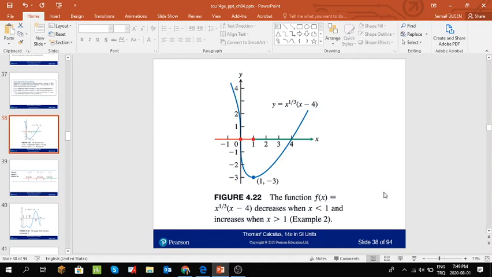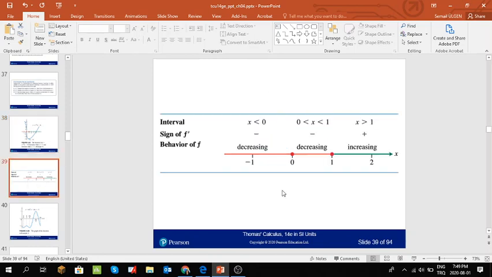It's a critical point, because if you take the derivative of this, in the denominator you have some powers of x, and this is going to make the derivative undefined. It's going to be a critical point, and at 1, I think the first derivative is 0, so it's a critical point too.